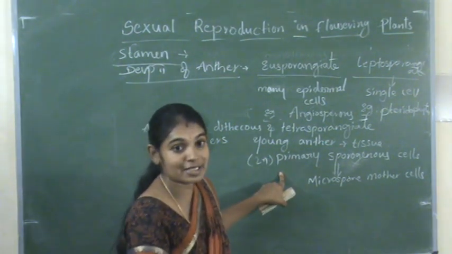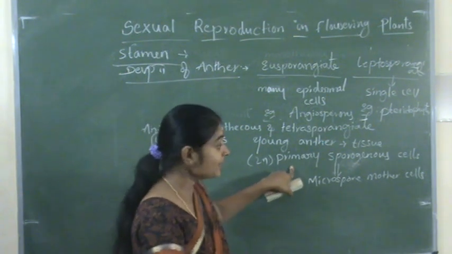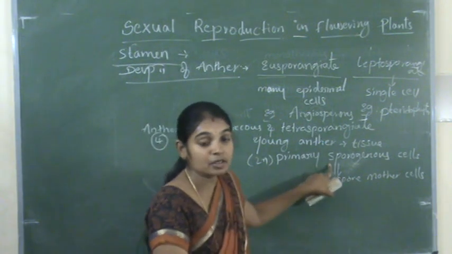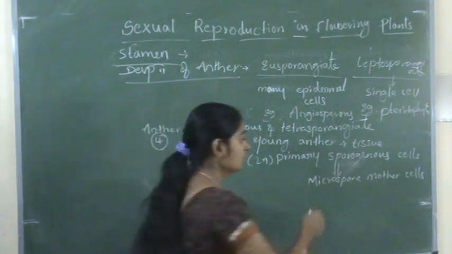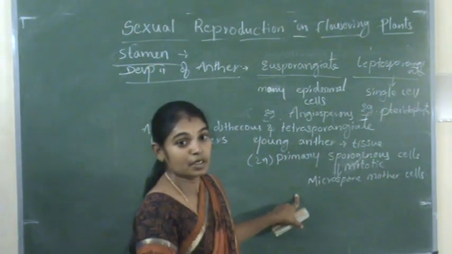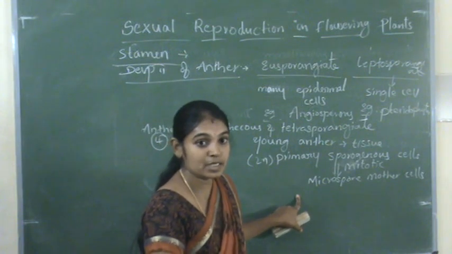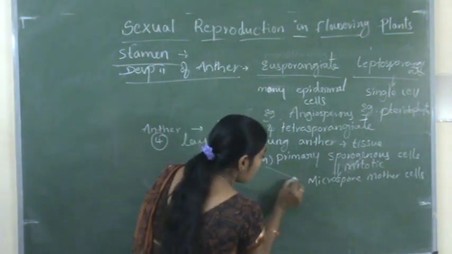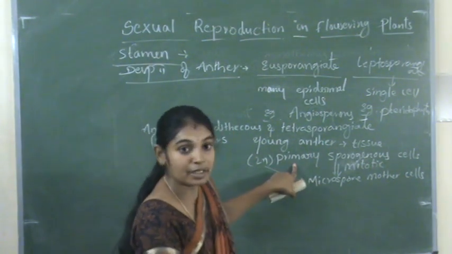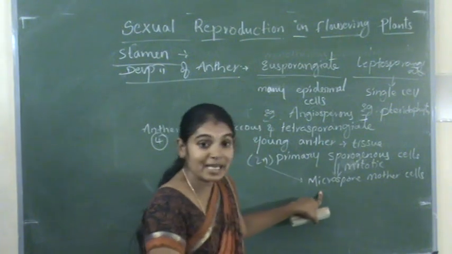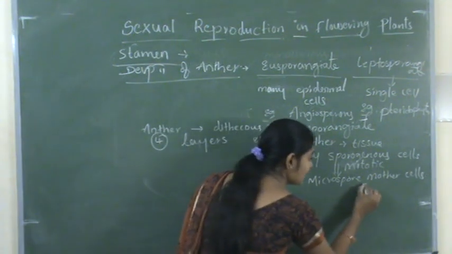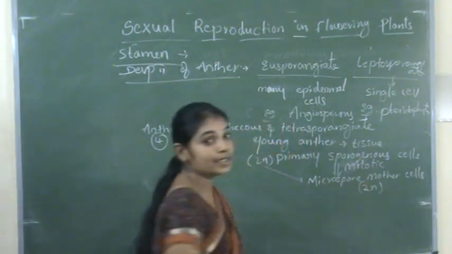On maturity of the anther, they undergo mitotic cell division, and the ploidy will be the same. That means they are diploid and the resultant cells also have the diploid condition.